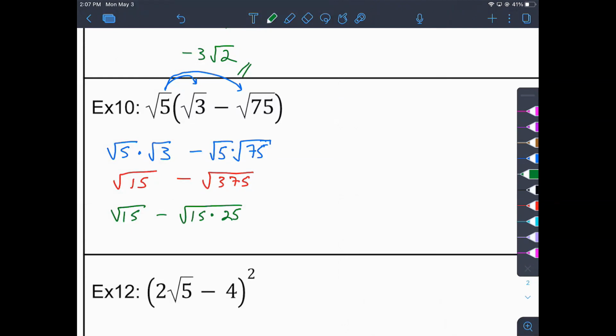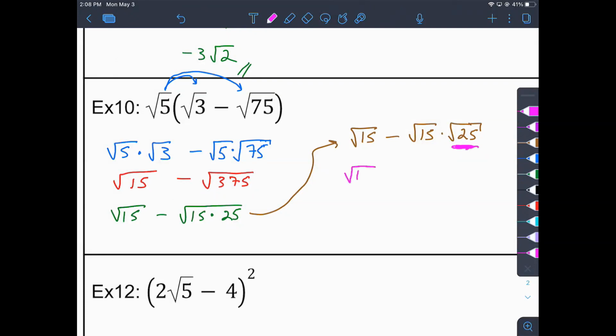So I just kind of rewrote it. Let's break this into two roots because I happen to know the square root of 25 and hopefully you do as well. We got the square root of 15 minus the square root of 15 times the square root of 25, and the square root of 25 we should know. It's 5.